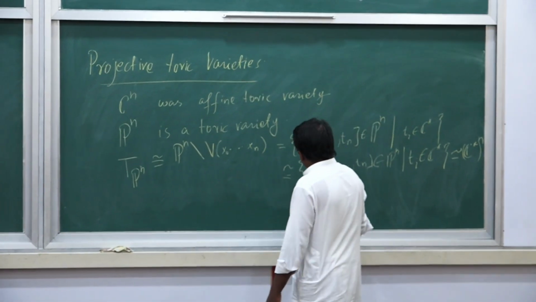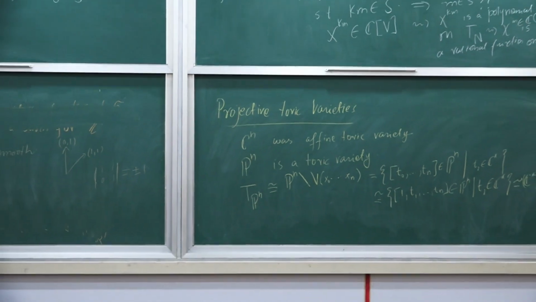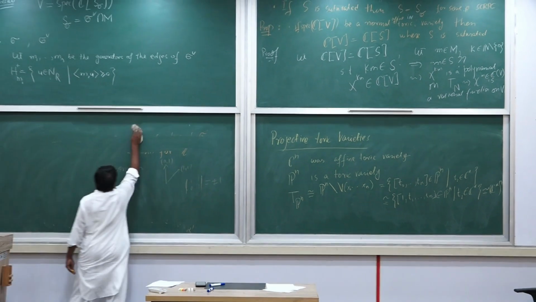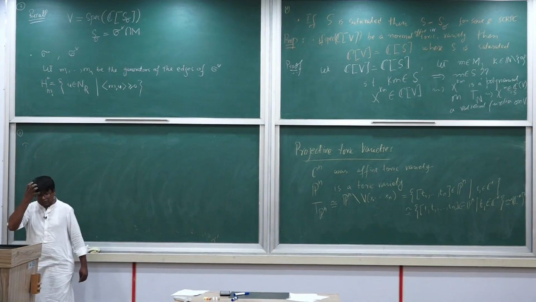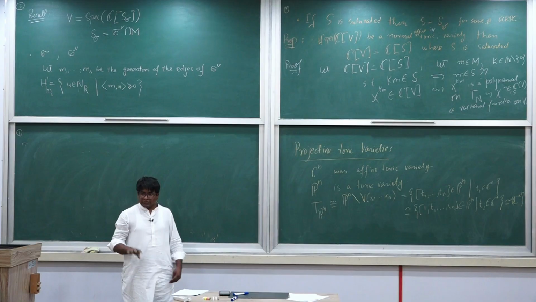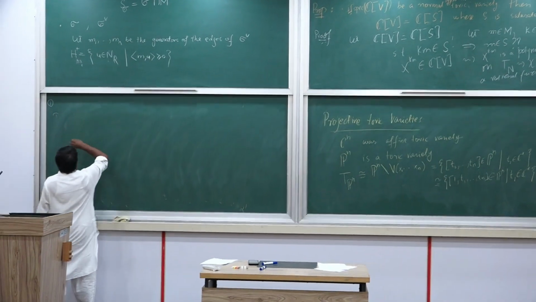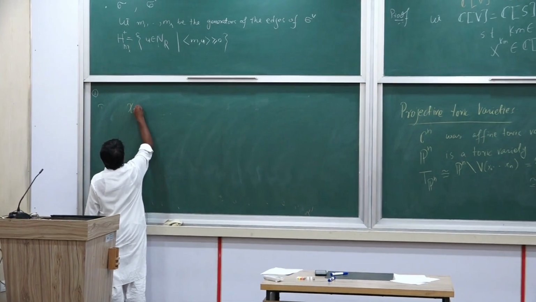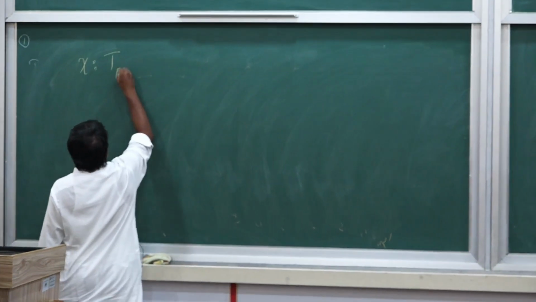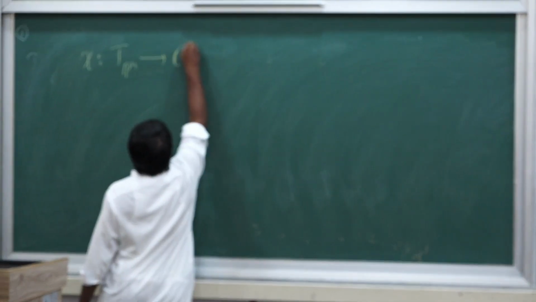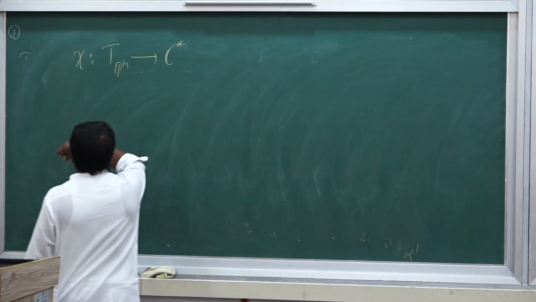So what would be the corresponding lattices which we can associate with these toric varieties, these toruses? That's a little bit different from what we were doing previously. Note that if I want to create a character from this Tpn to C star, I can do that as follows.